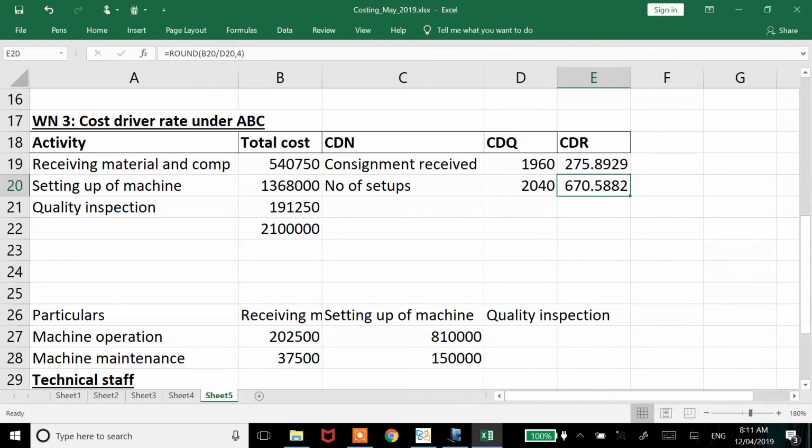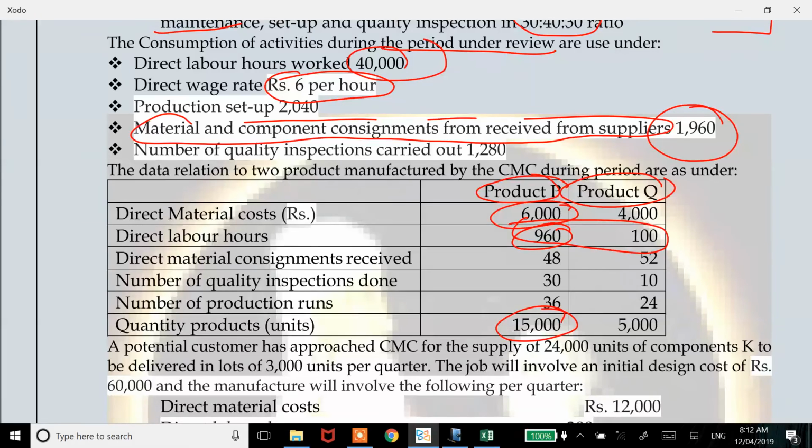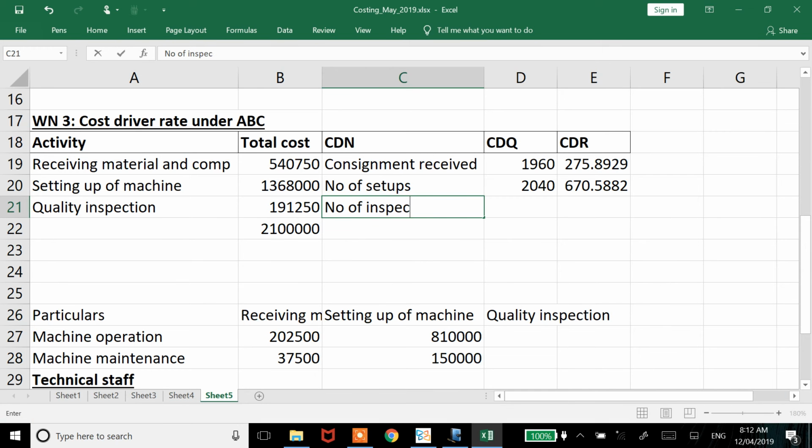For every manufacturing setup, the spending is 670 rupees. Quality inspection is number of inspections carried out, which is 1280, and the cost is 149.4141. Any doubts on this part?